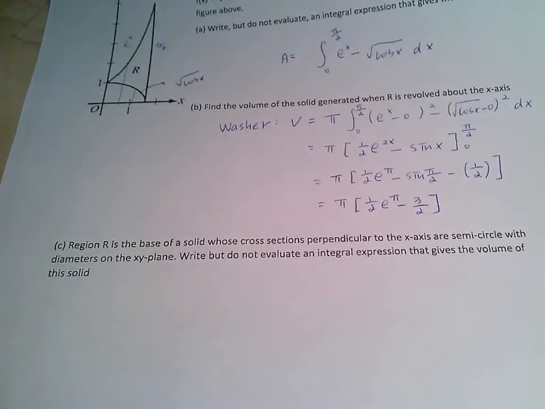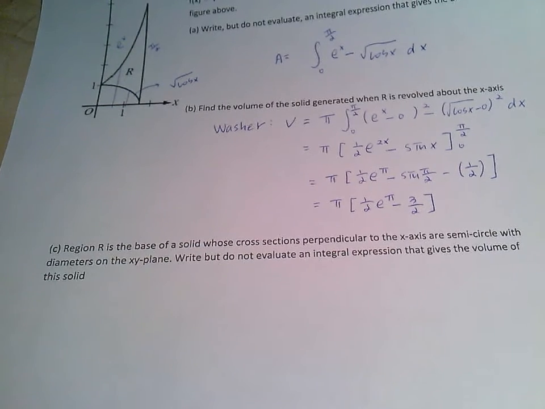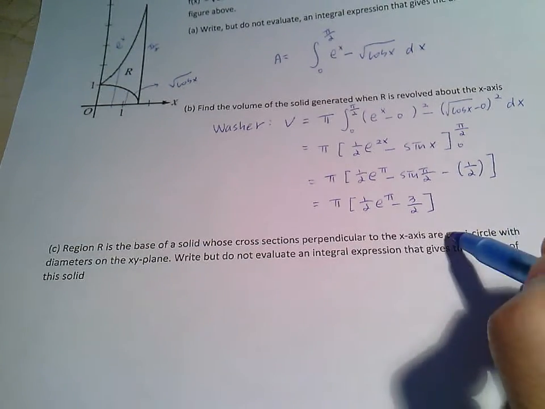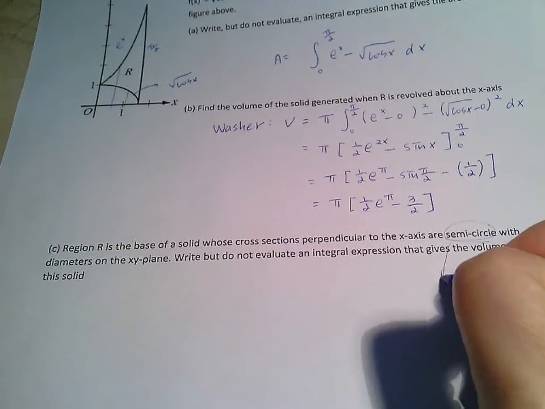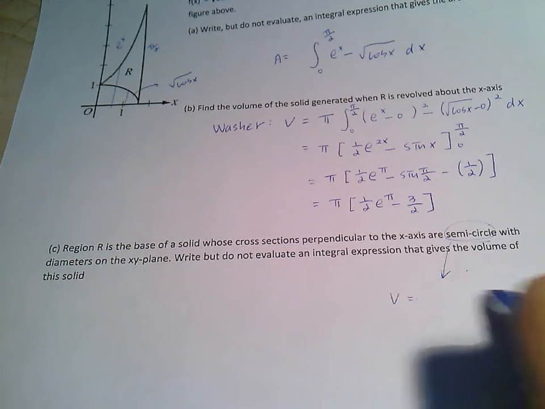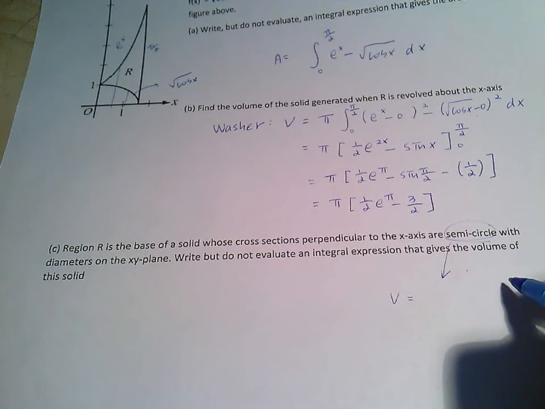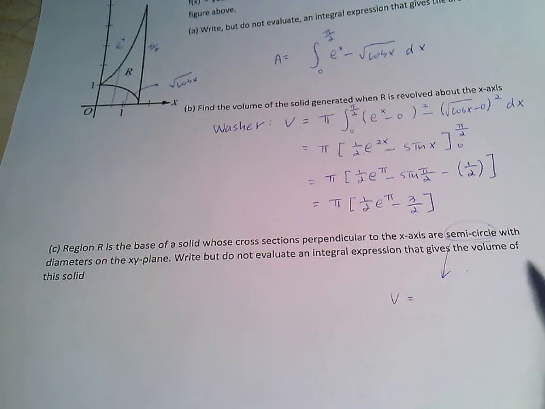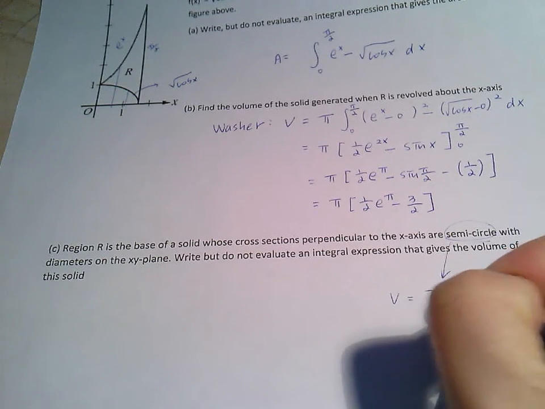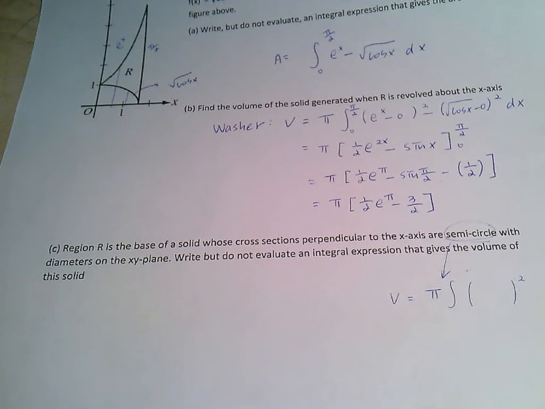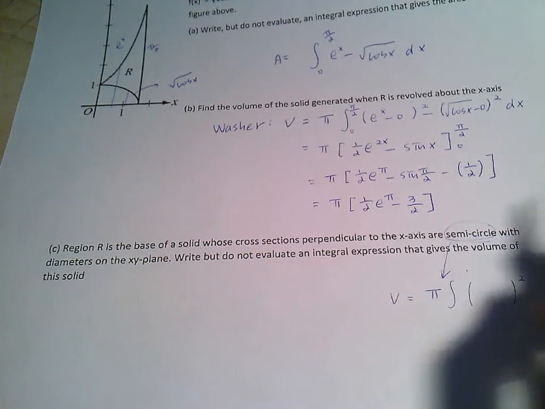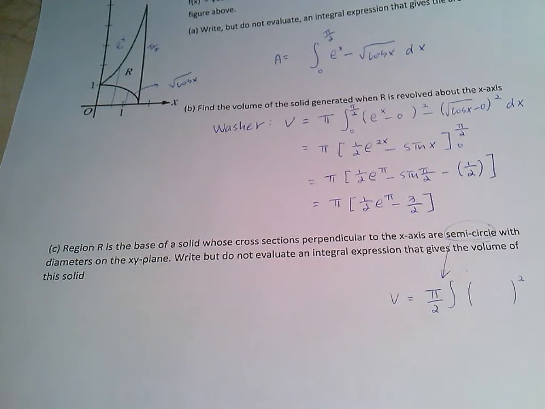Okay, now part C, this one is a cross section, a semicircle. How can we find the cross section of the semicircle? What was the cross section? First of all, think about the area of a circle. The area of a circle is pi times the radius squared. But since this one is a semicircle, we're going to divide by 2.